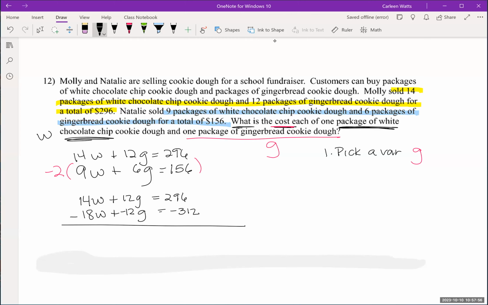We did all the work and now we're going to slide down. Yeah, you're not feeling that a little bit? Okay. Add down. Poof. Those cancel. So we have negative 4W is equal to negative 16.